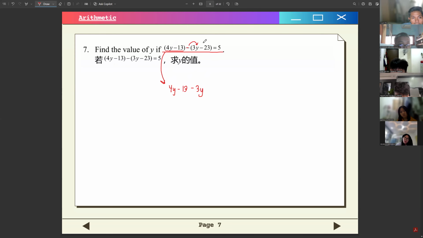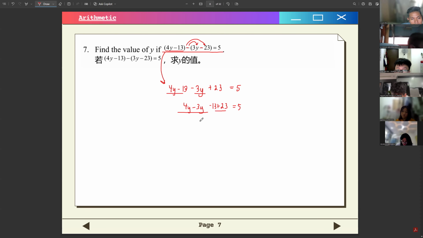The negative 23 multiplied by a negative, that's positive 23, is equal to 5. We combine like terms, so we have 4y minus 3y. So we can combine these two. And we have the numerical values, negative 13 and positive 23. So this is just 1y or just y. And this is positive 10, right?